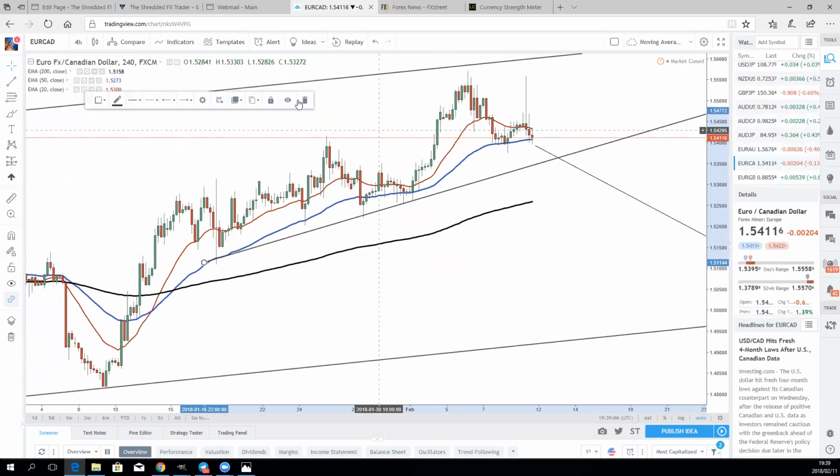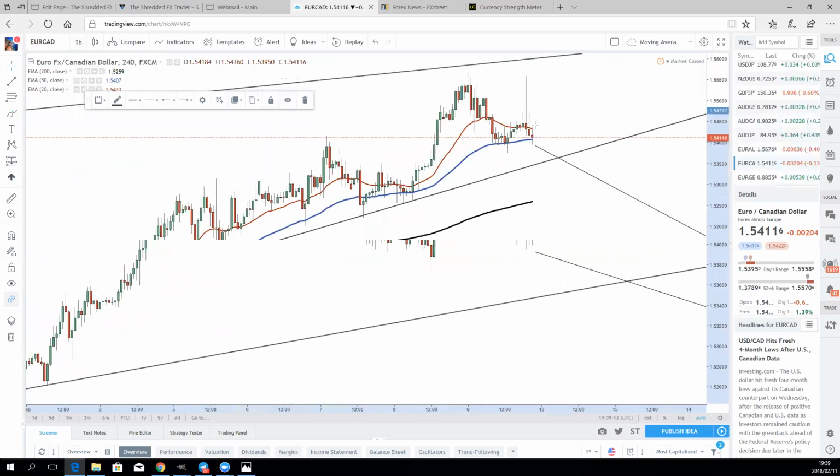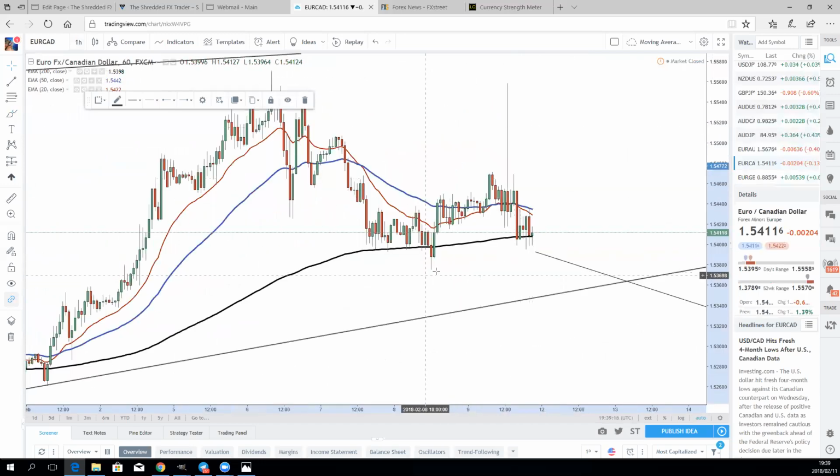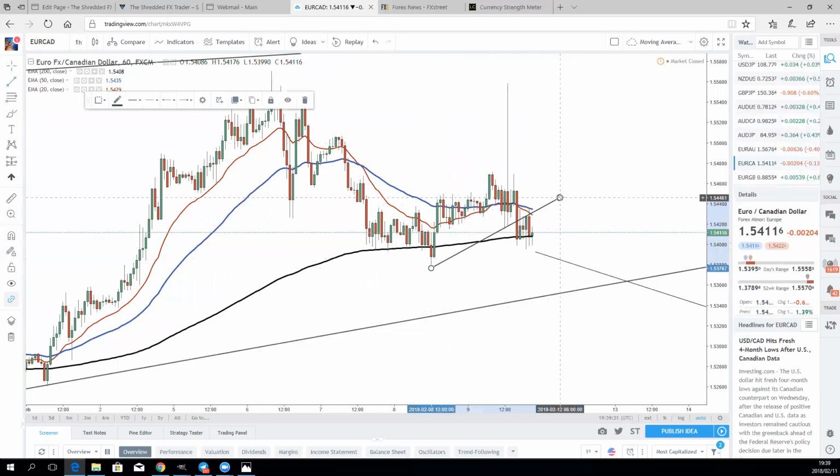This is 4-hour time frame. Go to 1 hour. Break, retest, short.